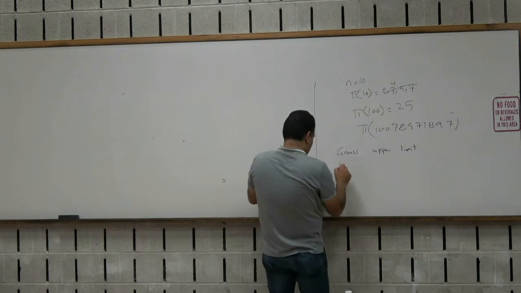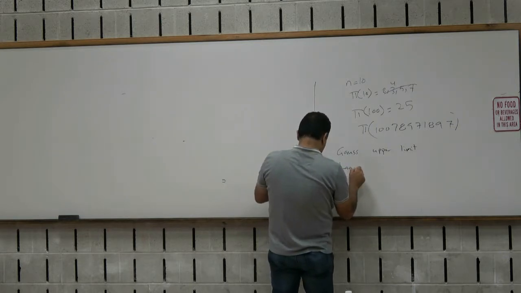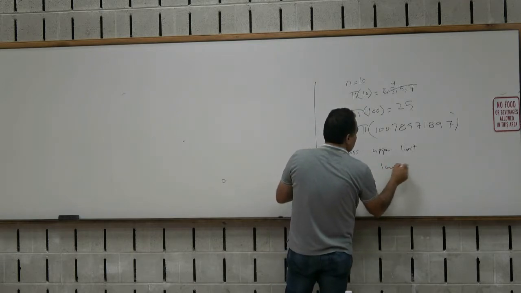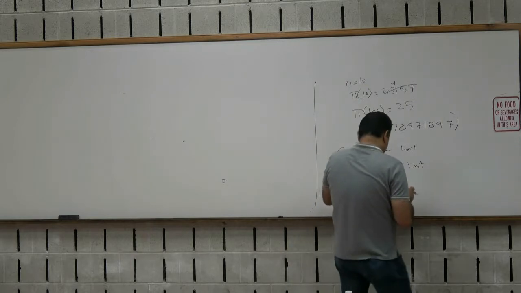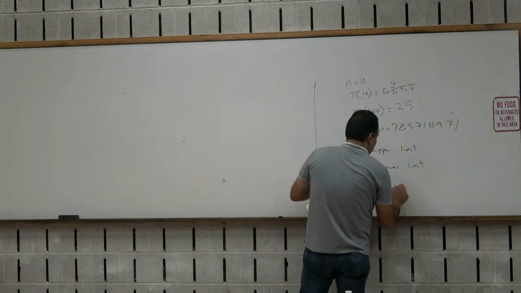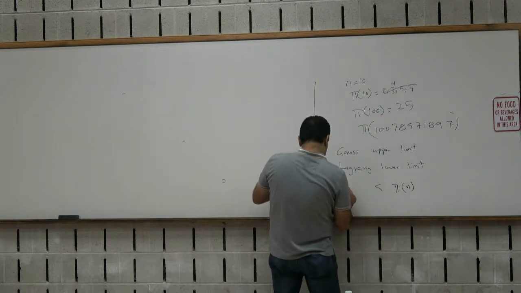And another one, Lagrange, gives you the lower limit. Basically, for the upper limit and lower limit, by n, it should be greater than n divided by ln n.